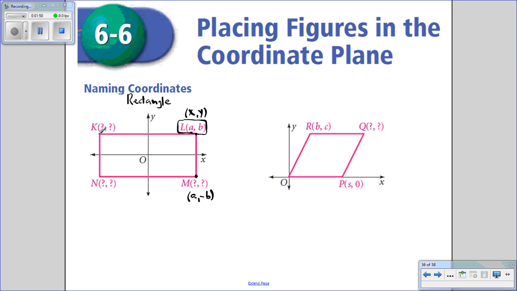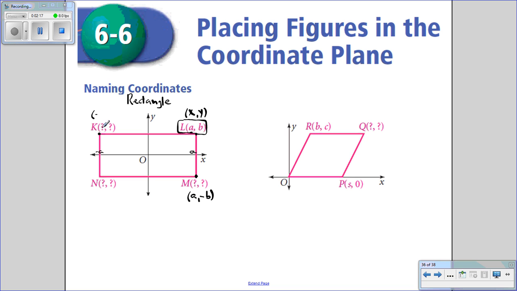Coming over here to point K, how do I go from the origin to point K? I'm going to travel along the x-axis, and going left means that the x-coordinate is negative. And how far did I go? Well, it's going to be the opposite of where I went to get to L or M. So positive A here, that means negative A is here.